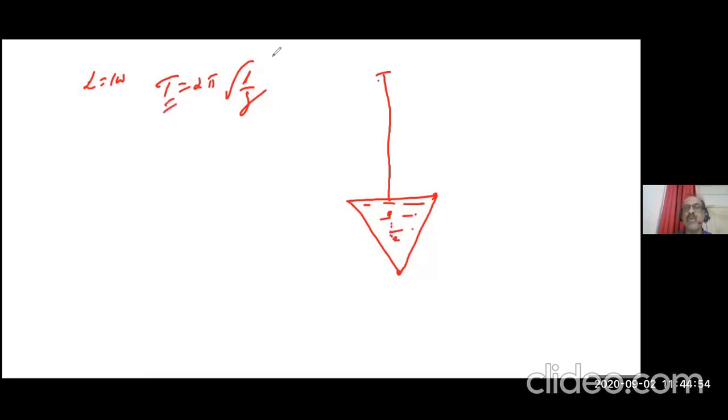After that, beyond the limit, water goes down, right? When it reaches here, then the bucket decides the center of mass because the amount of water is very less. Then the center of mass will come back again. So once complete water is drained out, the center of mass will come to the original place, right? So first the length increases, then it comes back to the original place. So the time period also first increases, then comes back to the original place.